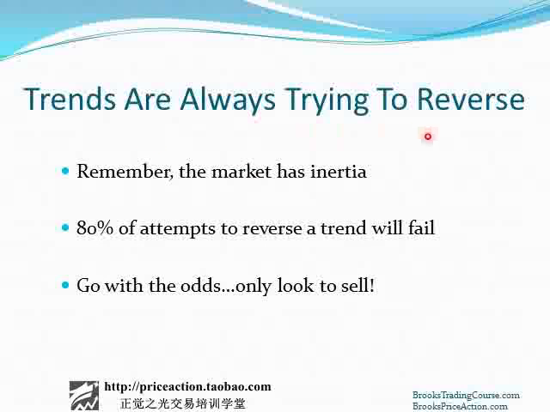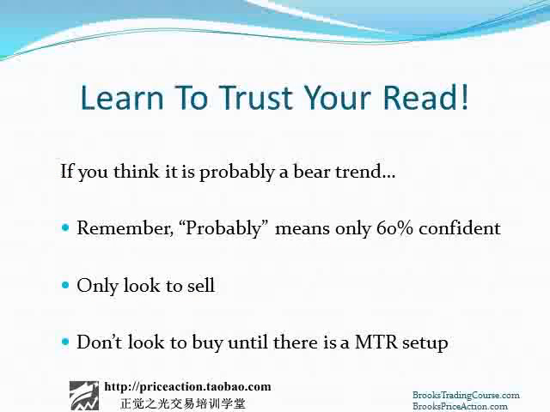Trends are always trying to reverse, but you got to remember the market has inertia. 80% of the reversal attempts will fail, so you got to go with the odds. And in a bear trend, you should be only looking to sell until there's a significant reversal in place. You have to trust your read.